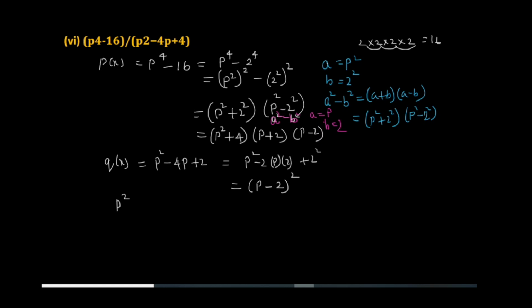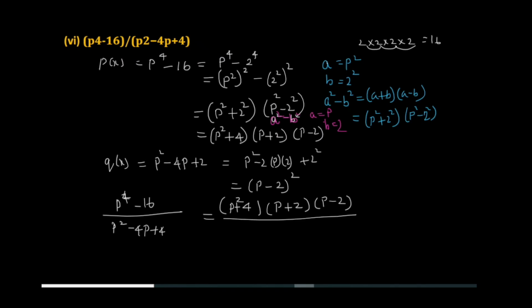So the original expression, p power 4 minus 16 divided by p squared minus 4p plus 4, is equal to, in the numerator we are having 3 factors, p squared plus 4 and p plus 2 into p minus 2. In the denominator we are having only two factors, that is in square format, p minus 2 the whole square.